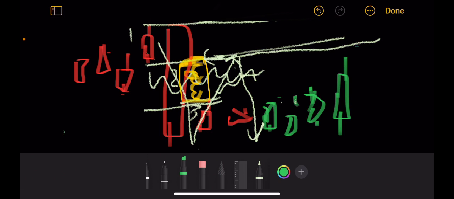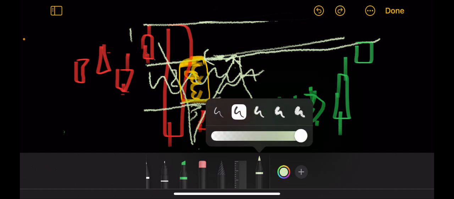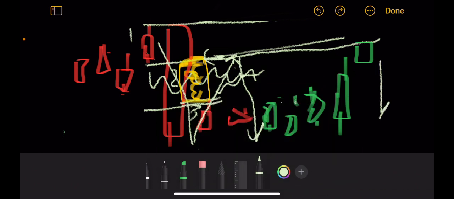It might just test it. So then they're expecting it to come back down. Then at some point it's going to come up, test this line, and at some point come back down.